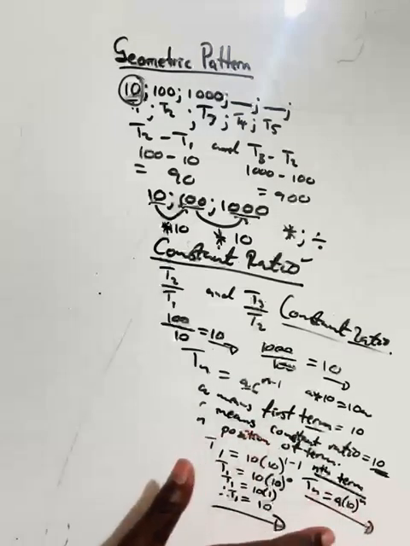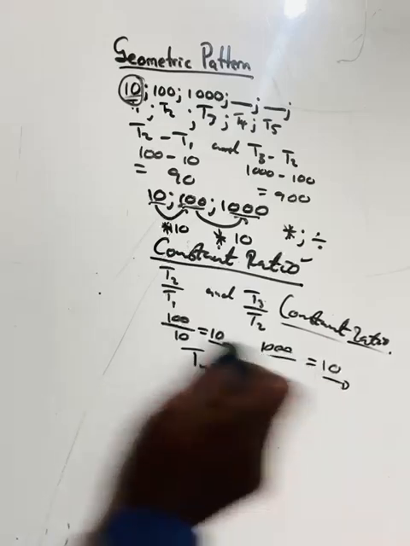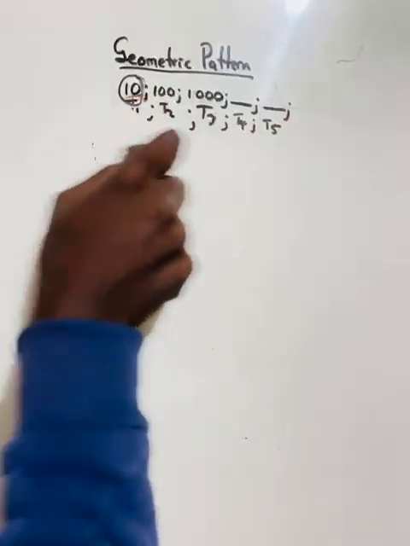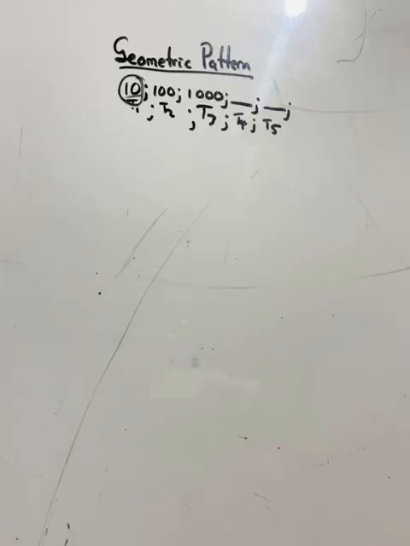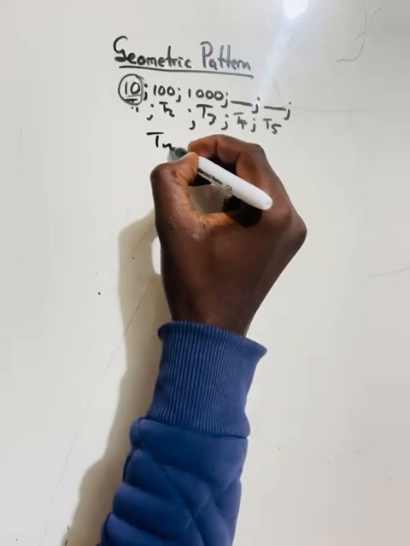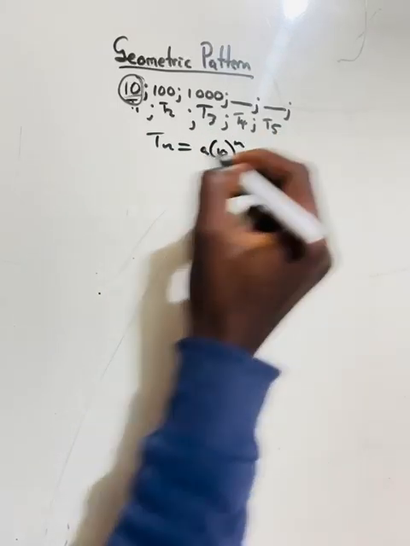I'm now going to erase this so that we can find the fourth and the fifth term. All right. What do we have? Tn is equal to A multiplied by 10 to the power n.